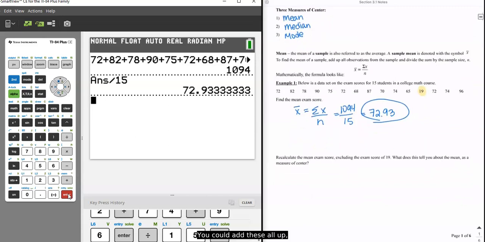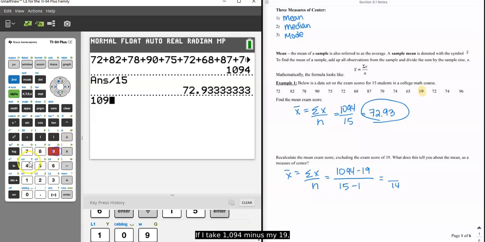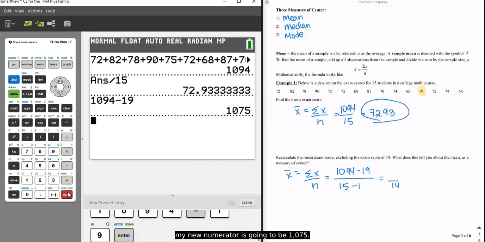You could add these all up, but we know that we're just going to exclude the exam score of 19. So if I think of my sample mean, it's the sum of x's over n. We're just excluding the 19. If I subtract 19 from 1094, and then instead of 15 pieces of data, we're going to have one less, so we're going to be at 14. 1094 minus 19, my new numerator is going to be 1075.